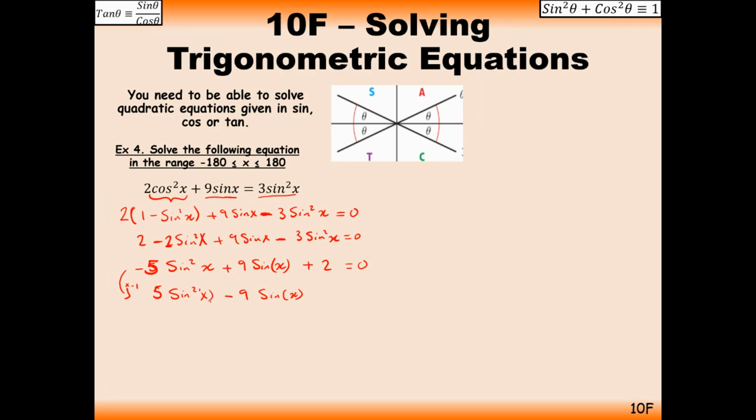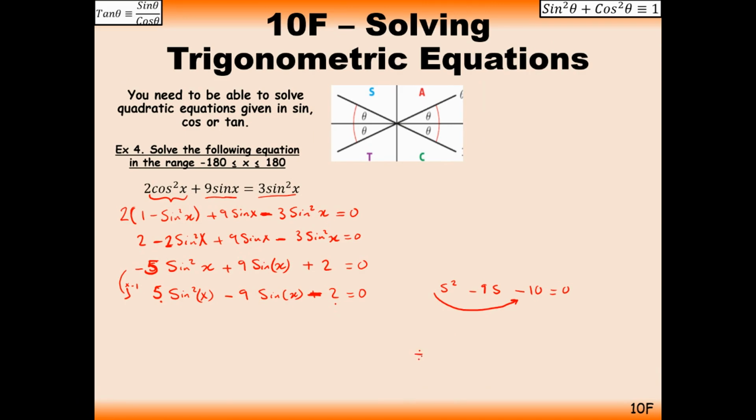So I might as well put brackets around there, and this 2 becomes a minus 2 here. Alright, so let's see, can we factorize this? If I take 5 and multiply it by 2, I'm just going to write s square minus 9s minus 10 equal to 0. So I took that 2 and multiplied it there.